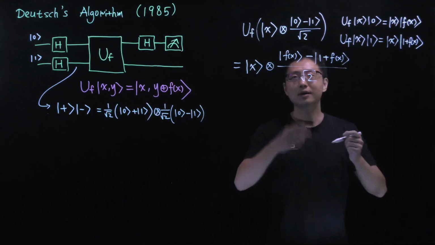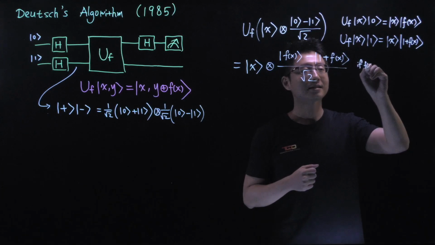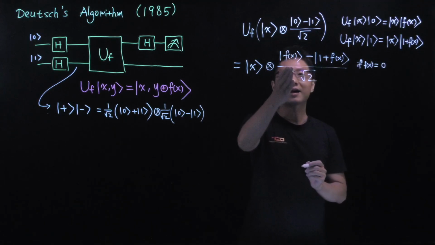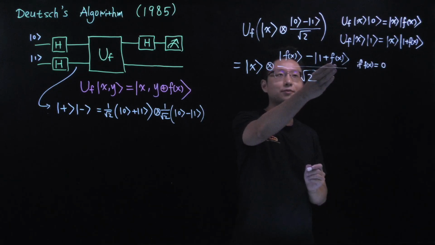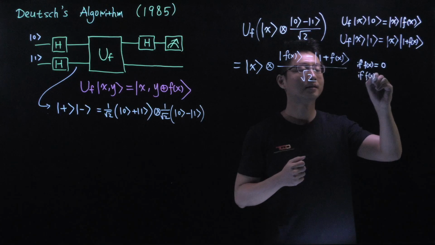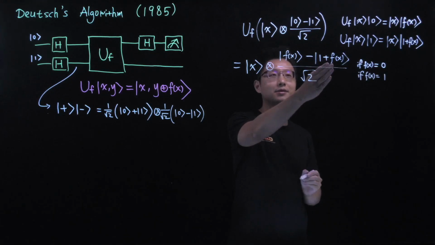So these two values always differ by 1. To see in more detail, if f of x is equal to 0, then what you have over here is 0 minus 1. If f of x equals 1, then here you have 1 minus 0, okay?